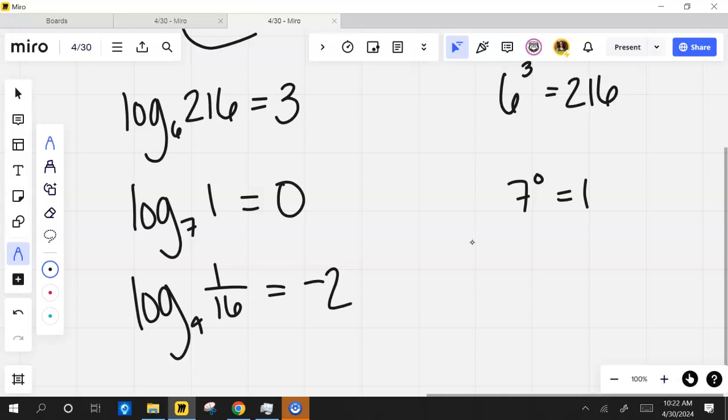Rewrite that one and see if it makes sense to you. Everything makes sense? Right, because it's going to, yep, equals. Does that work, in other words? Because what happens with a negative exponent? It flips it over. That's exactly right.